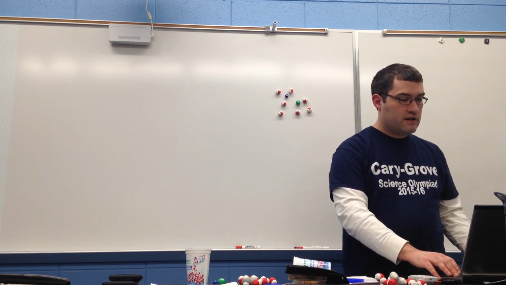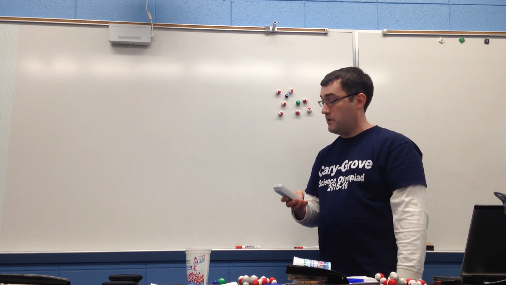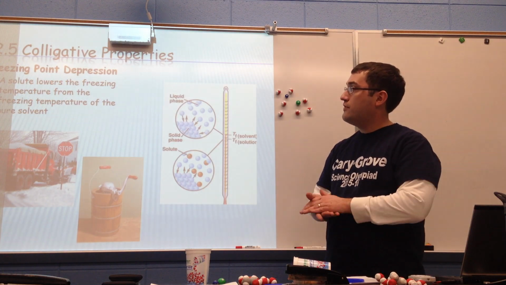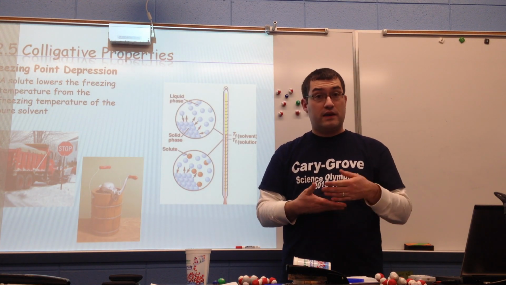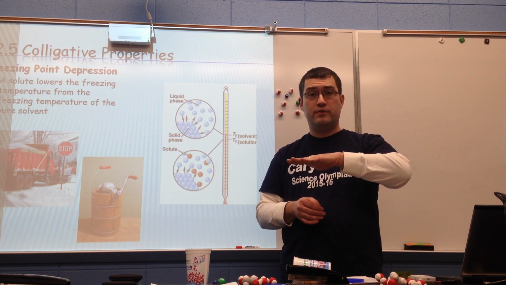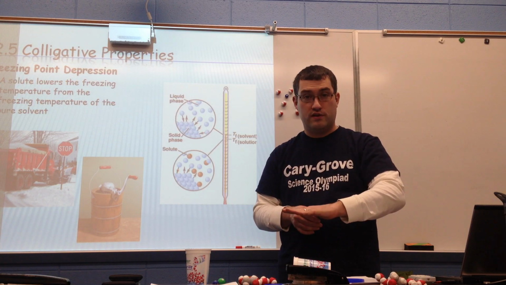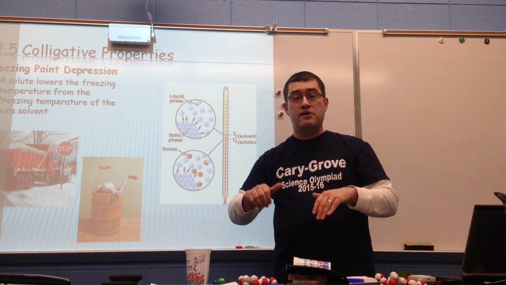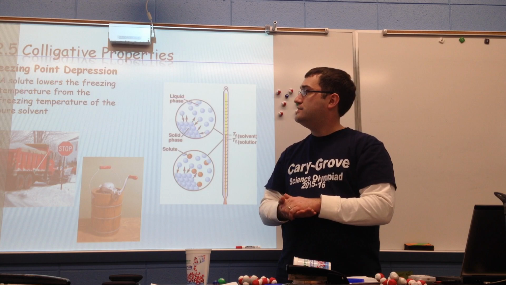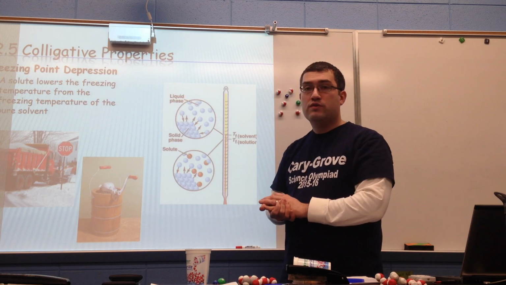So if we're looking at the freezing point, when you dissolve a solute into a solvent, making a solution, that takes the freezing temperature of the pure solvent and actually lowers it. We call this freezing point depression. Depression means it's going down. So freezing goes down, and really this has a lot to do with IMFs.